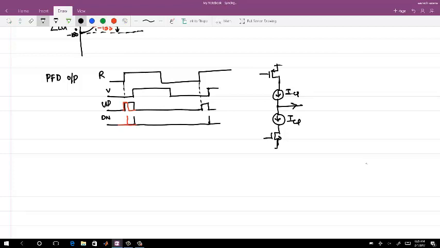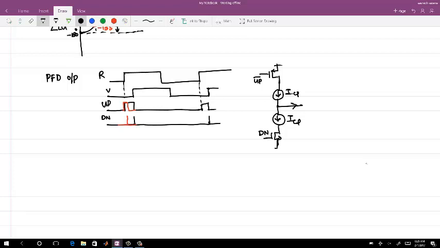Because I am using a PMOS, I will write it here as up bar in place of up. It's an inverted logic, and this is still down bar. Can you comment, if the pulse width of the up signal reduces, what is the consequence?